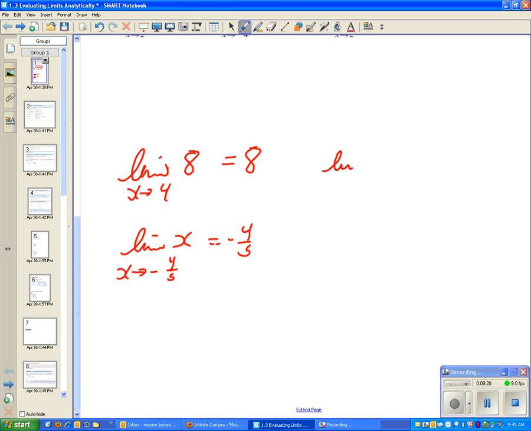If I want the limit as x approaches 2 of x to the 5th, what's it equal? It equals 2 to the 5th, which we can then figure is 32, isn't it? 2 times 2 is 4 times 8. Yeah, 2 to the 5th, 32. All right, makes sense?